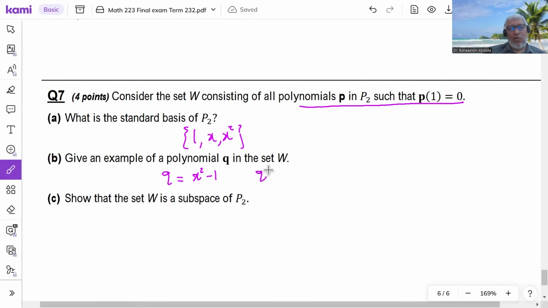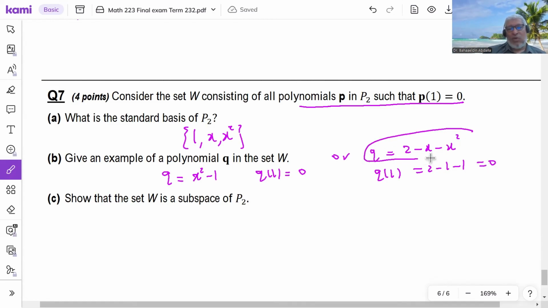Then Q of 1 would be 1 minus 1, that's 0. Okay. Or another one, 2 minus x squared. Q of 1 would be 2 minus 1 minus 1. It would be also 0. So this Q is in W and this Q is also in W.